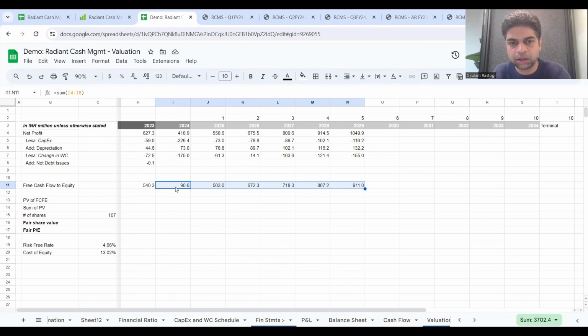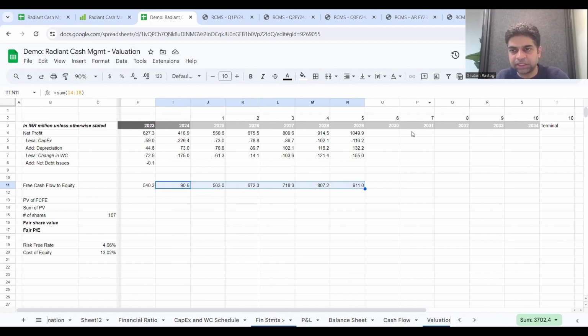For the first 2 years, FY24-25, they are not generating a lot of free cash, and then they are slowly generating free cash, reaching around 91 CR or 911 million by FY29.